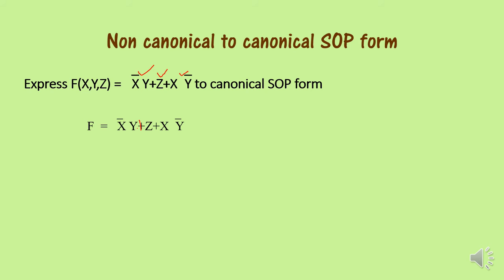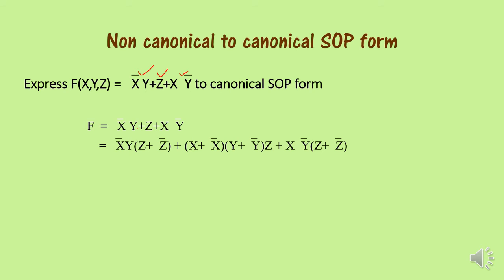Nothing will happen. So easily we can multiply one term. So here we multiply 1. What can we write? That is x bar dot y dot 1, substituting 1 with z plus z bar. Why do we write z plus z bar?